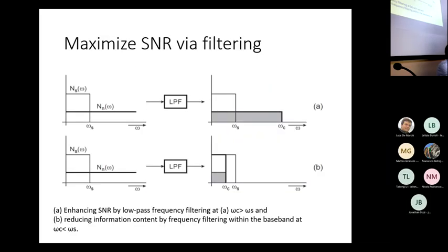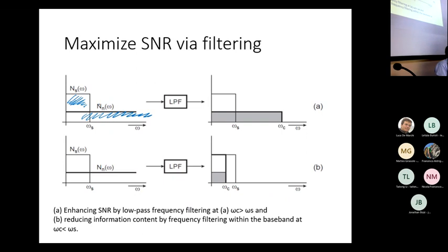Maximizing the signal-to-noise ratio is quite an obvious concept. It is related to the fact that the area of the power spectral density of the signal is what we are interested in. That is a good portion of the collected signal, while we have a large amount of power spectral density which is totally useless and due to noise.